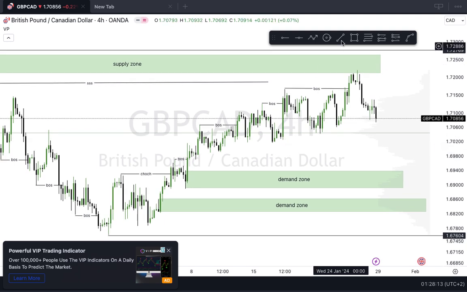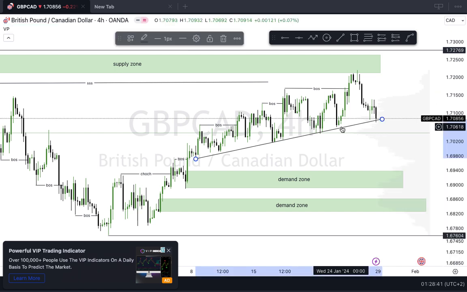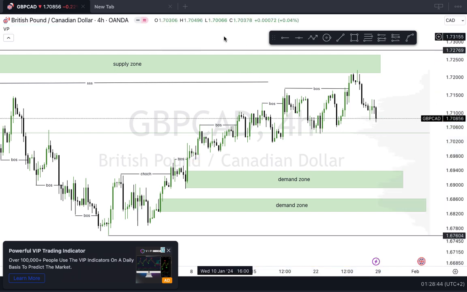So if we check below here on these higher lows, as you can see, we have a lot of liquidity resting below these lows, you understand. We have a lot of liquidity resting here, meaning we have a lot of buyers who bought the market in these areas, meaning that became a large pool of liquidity, you understand.